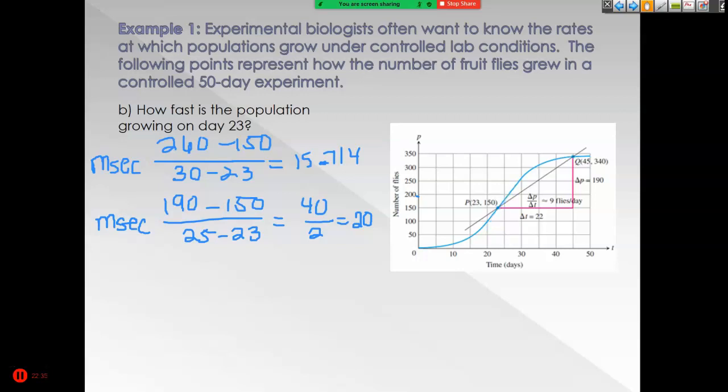You could also look at the slope of the secant for a point below. So if we looked at 25 to 23, we could also look at 20 and compare it to 23. So at 20, it looks to be at about 100.